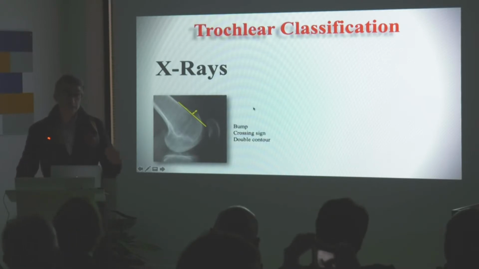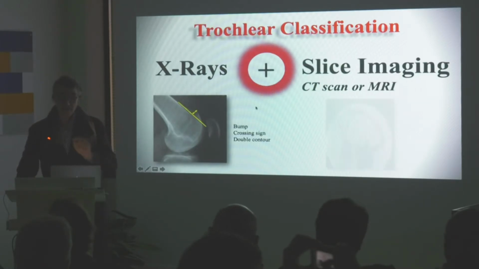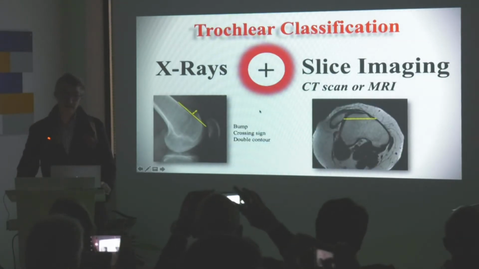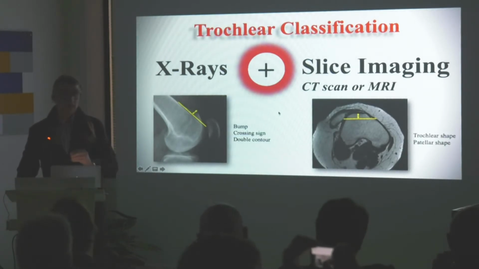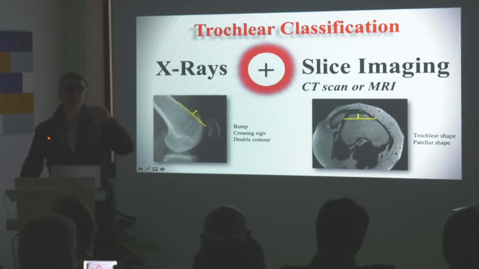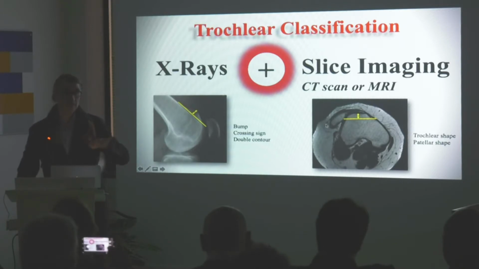When we did that, we used X-rays and CT scan. So you need to add the slice imaging, CT scan or MRI, because the CT scan and the MRI will show you the shape of the trochlea. It will tell you if it's flat, if it's convex, if it's concave.